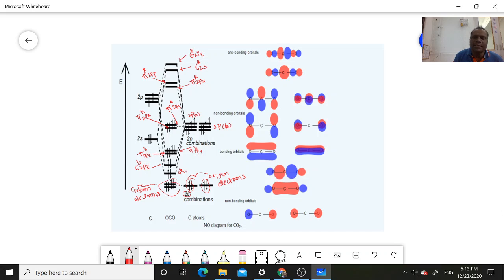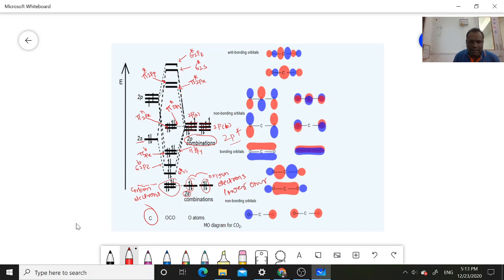They remain as they are since they are lower in energy. In the 2s orbital of the carbon atom there are two electrons. In the 2p orbitals of each oxygen atom there are four electrons. These energy levels are degenerate. Degenerate means the atomic orbitals are equal in energy.